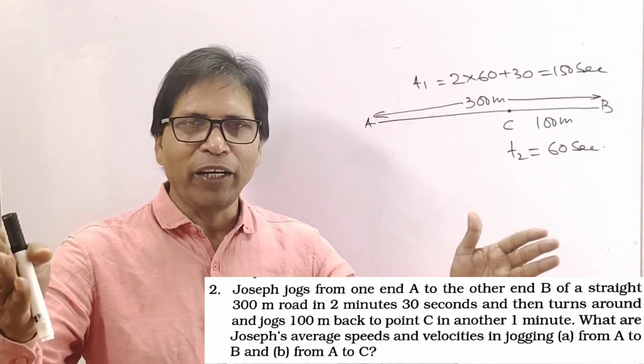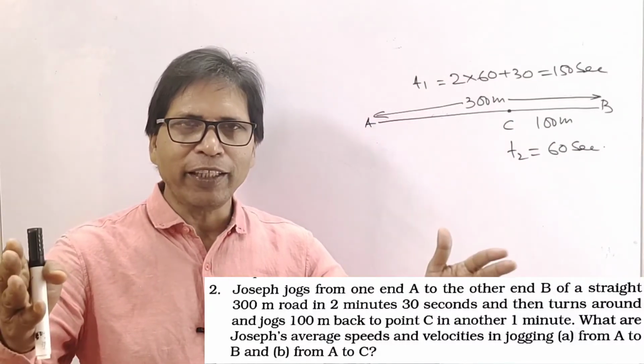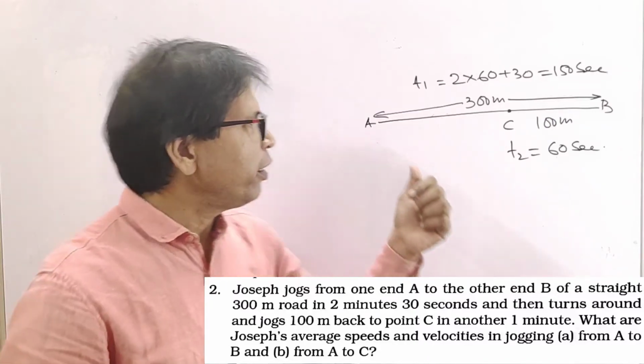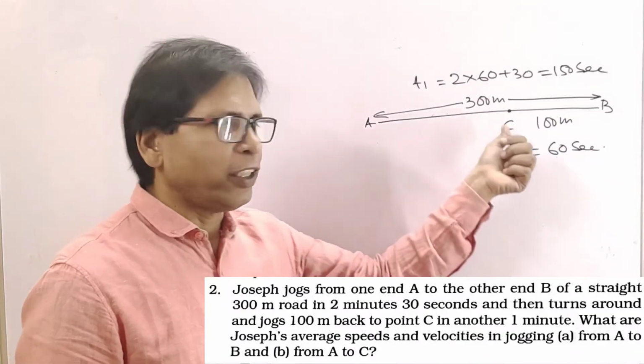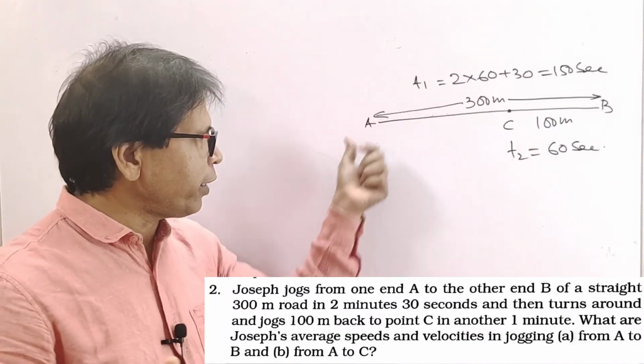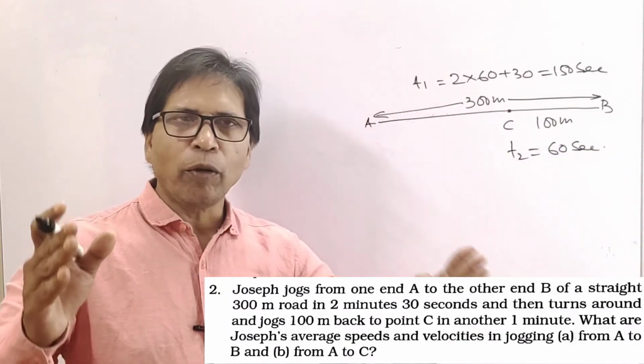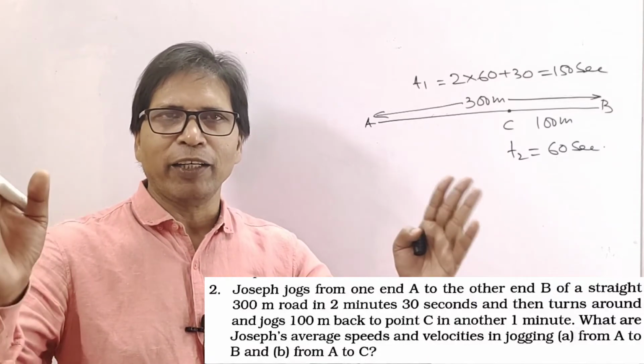We have to calculate the average velocity and average speed between A and B and between A and C. Look at this. In a straight path AB, the magnitude of velocity and speed are equal.